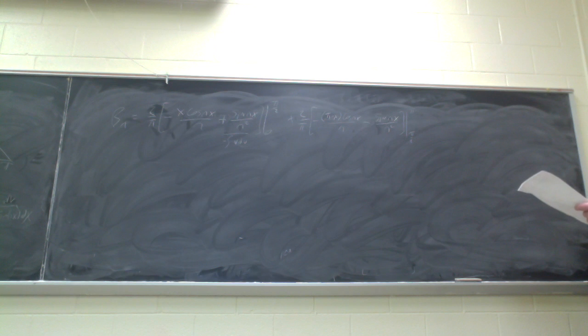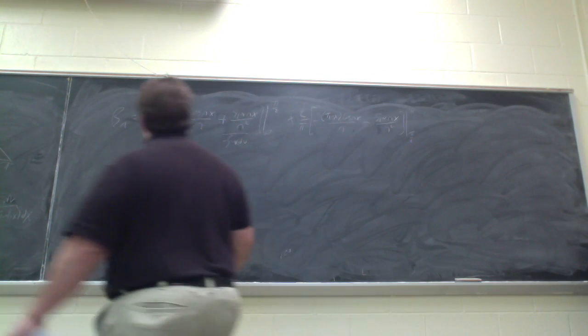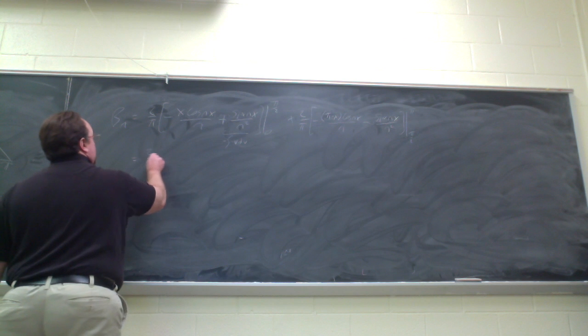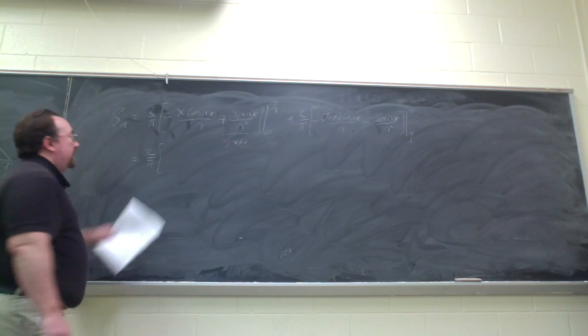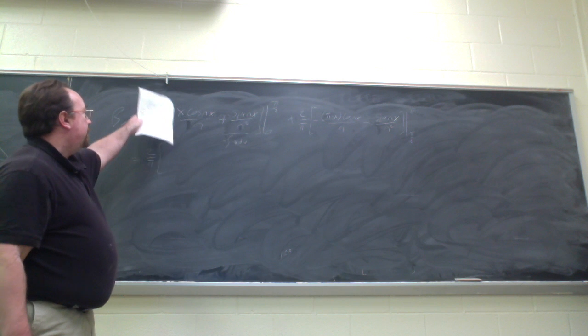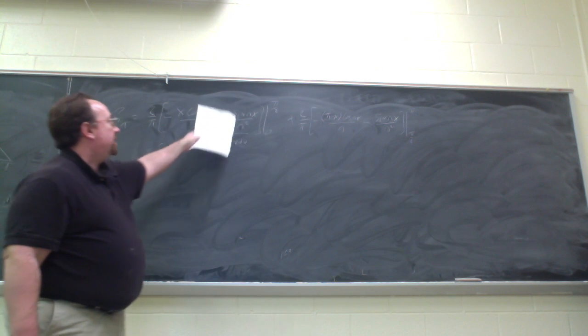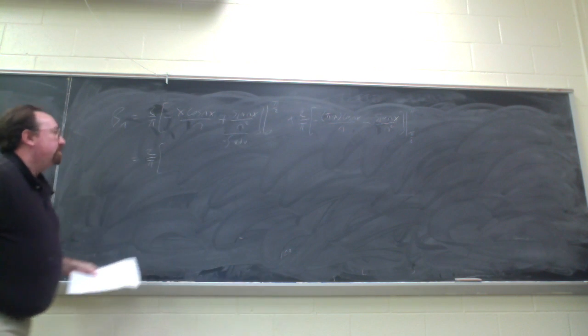Okay, so now when we go ahead and plug in all the limits. First, when I plug in 0 in here, this is going to give me 0 because of the x. Sine of 0 is 0. So I get nothing from plugging in 0.